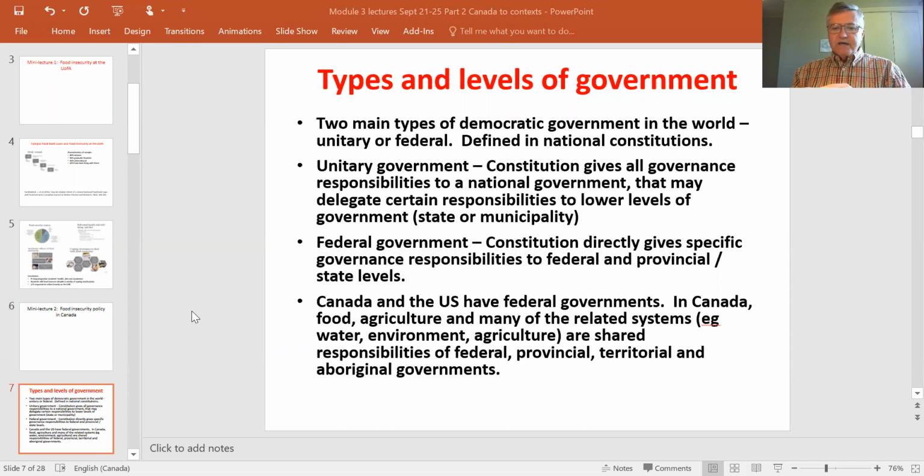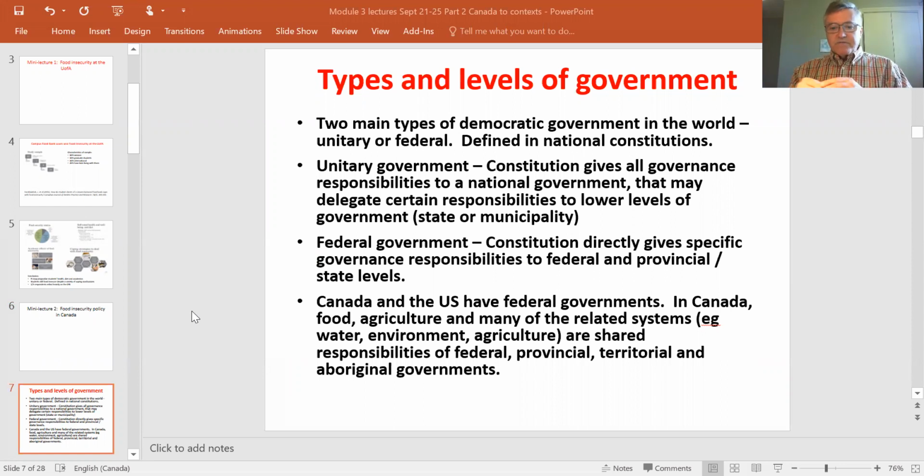Unitary governments are those that have a national constitution that assigns all governance responsibilities to a national government, and that national government may then delegate some of its responsibilities to lower levels of government, levels closer to people, like the municipal governments we have in Canada, which have been delegated some responsibilities from provincial governments.